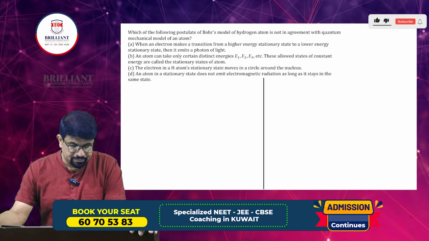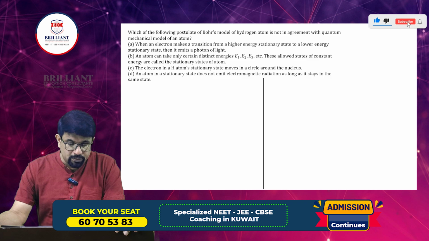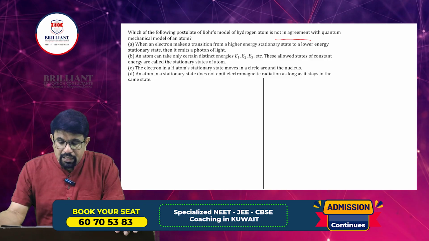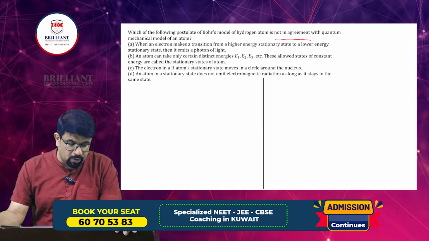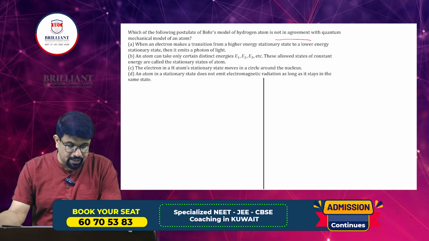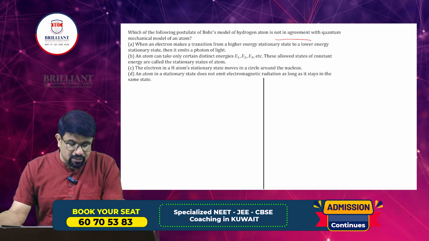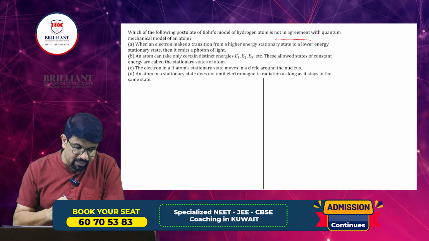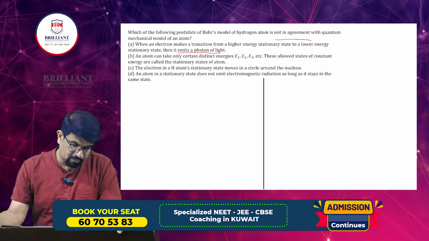Next question. Which of the following postulates of Bohr's model of hydrogen atom is not in agreement with the quantum mechanical model of an atom? Here also they are given 4 options. First option, when an electron makes a transition from higher energy level to lower energy state, it emits a photon of light.